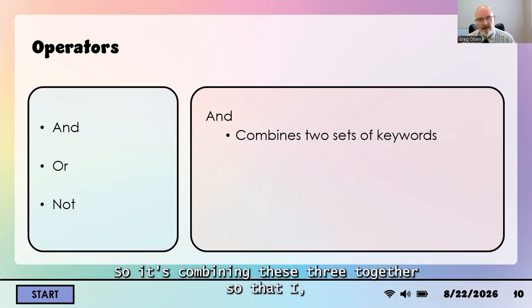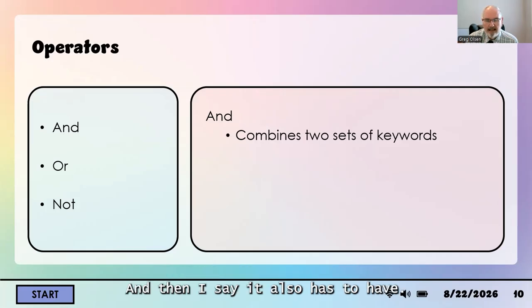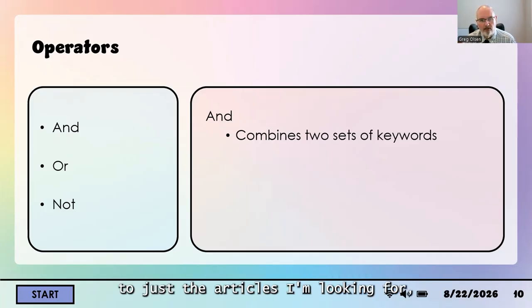So it's combining these three together so that I start with every article that has the word teacher. And then I say it also has to have, and this is the and, it also has to have university. And it also has to have extra credit. And so what I'm doing is I'm narrowing that search to just the articles I'm looking for.